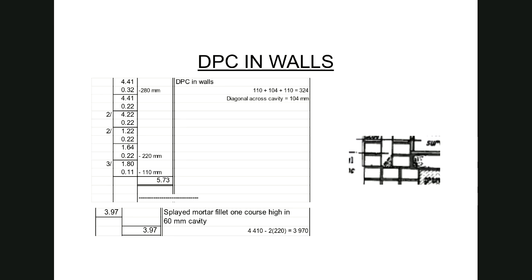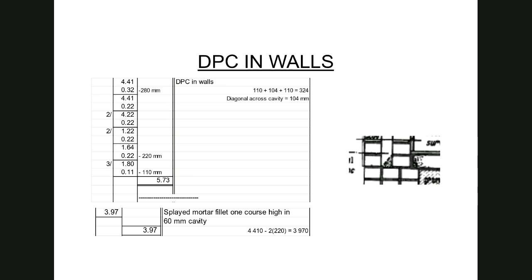Okay, so I'm going to start off with the DPC in walls. And the first measure that I have over there is for the cavity wall. Now I want to illustrate to you, there on the right-hand side, I have the detail of the cavity blown up a little bit. So where is the DPC over here?